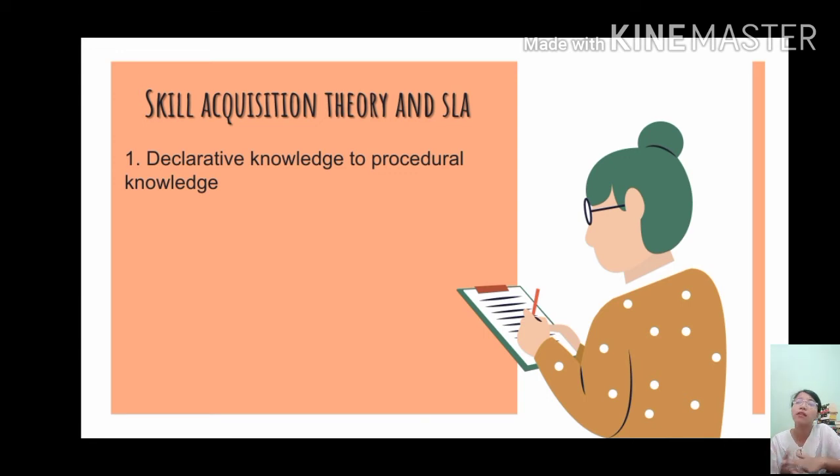Now, implementing a methodology that is consistent with skill acquisition theory means anchoring the relevant knowledge solidly in the student's mind at the outset.